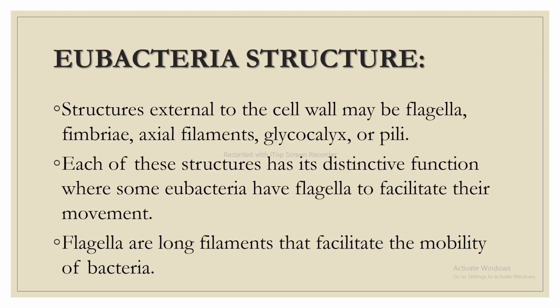Structures external to the cell wall may be flagella, fimbriae, axial filaments, glycocalyx or pili. Each of these structures has its distinctive function. Some Eubacteria have flagella to facilitate their movement, and flagella are long filaments that facilitate the mobility of bacteria.